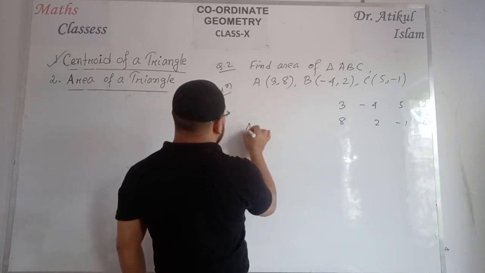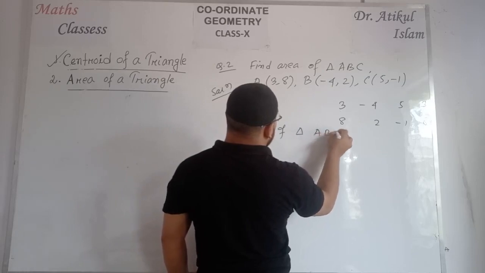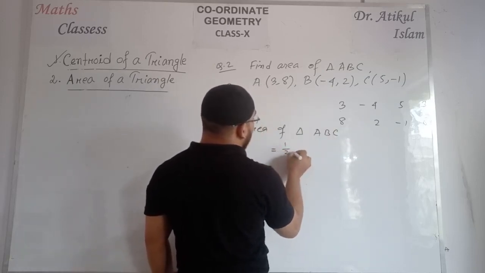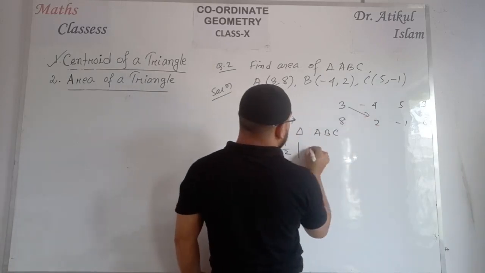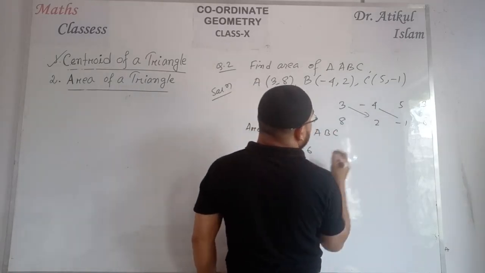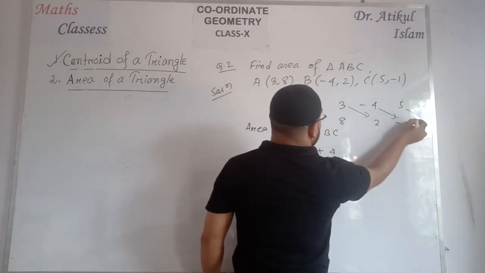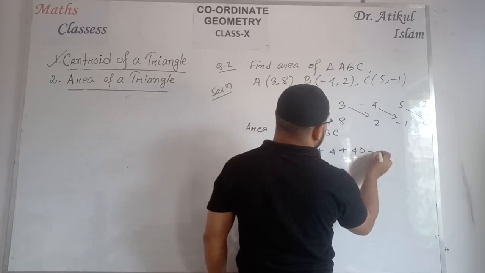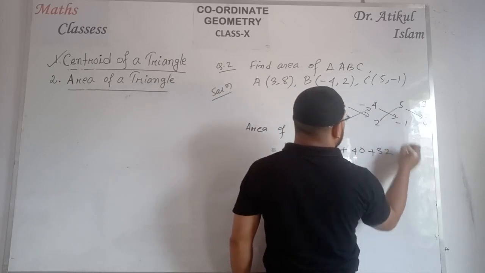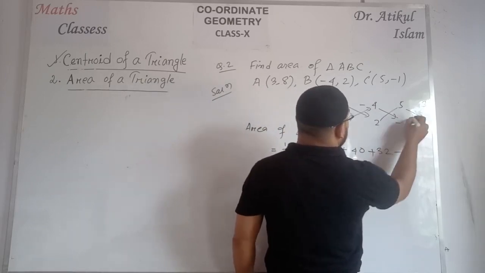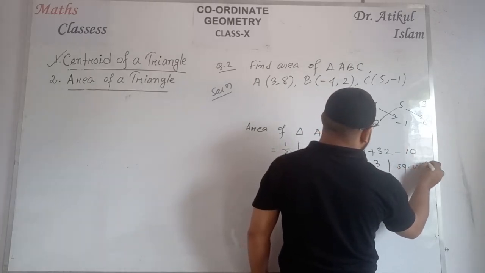So the area of triangle ABC will be half of the absolute sign: 3 into 2 is 6, then plus 4, then plus 40, minus this will be plus 32, then minus 10, then minus is plus 3, square units.